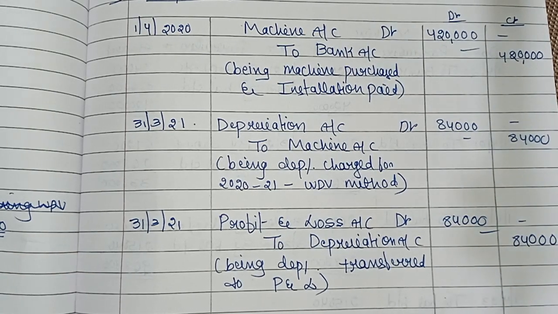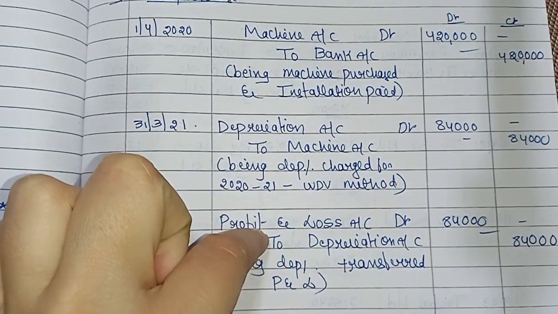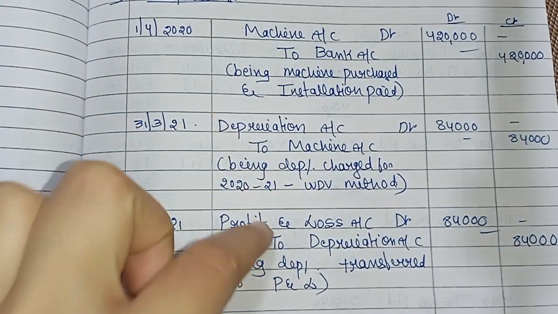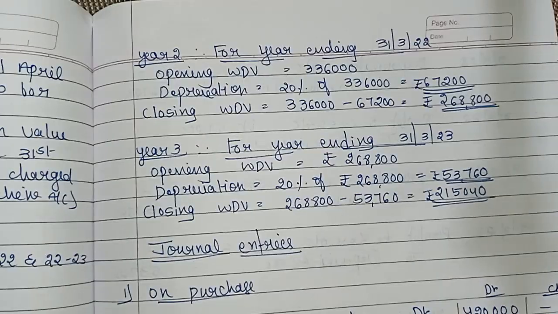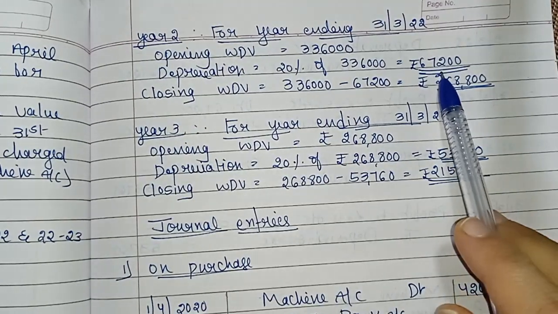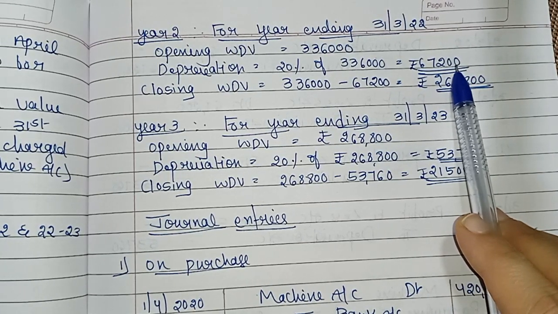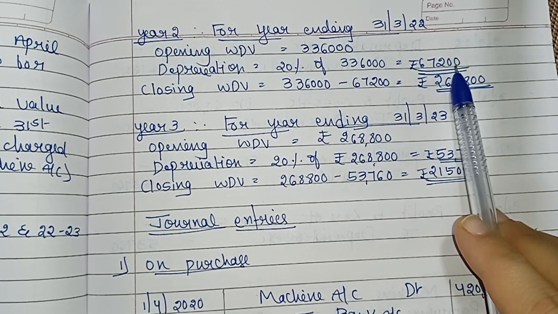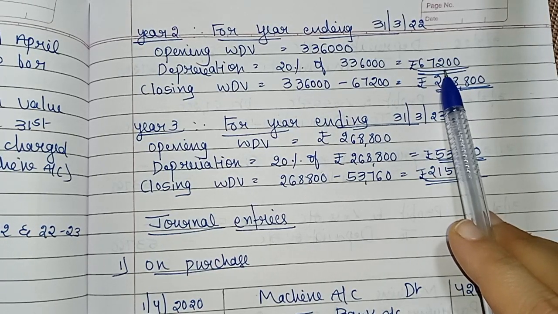Now we need to repeat the same pattern for subsequent years. For the second year, depreciation account debit to machine account, rupees 67,200, and transfer to profit and loss account. Profit and loss account debit to depreciation account, that is rupees 67,200.